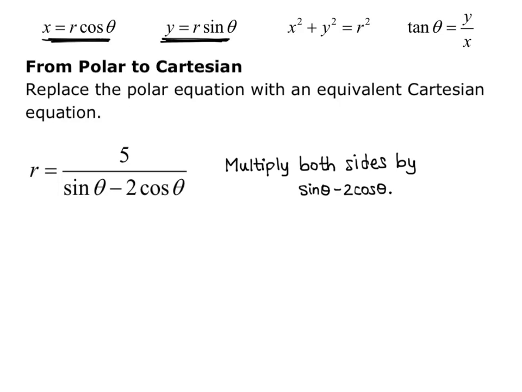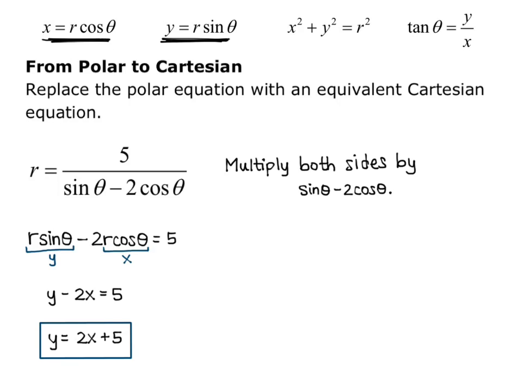So I multiply both sides by sine theta minus 2 cosine theta, and I get r sine theta minus 2r cosine theta equals 5. And now I replace r sine theta with y and r cosine theta with x. So I get y minus 2x equals 5.